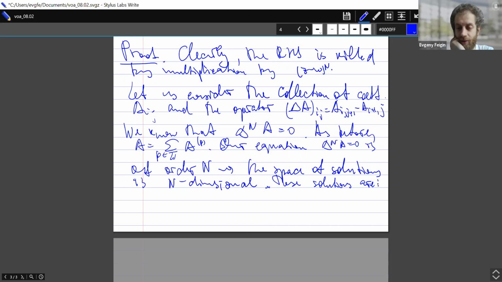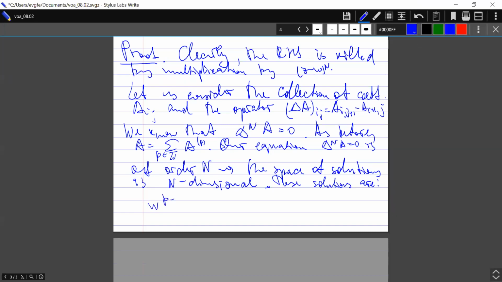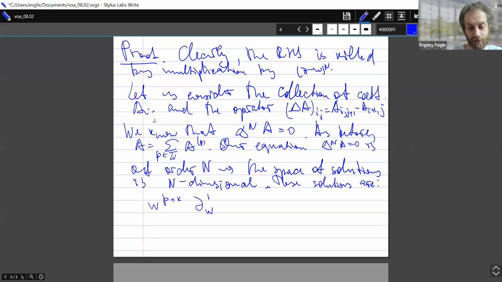So this is almost true. What the suggestion is, is to take w to p plus k, and then d w to the k of delta z minus w, and k goes from 0 to n minus 1. So this is almost true. So what do we need to fix?